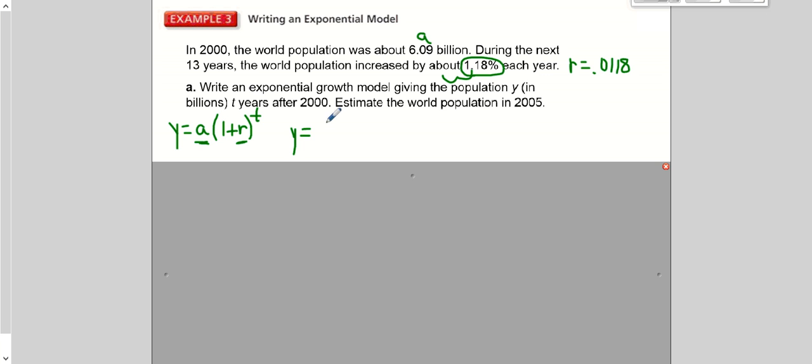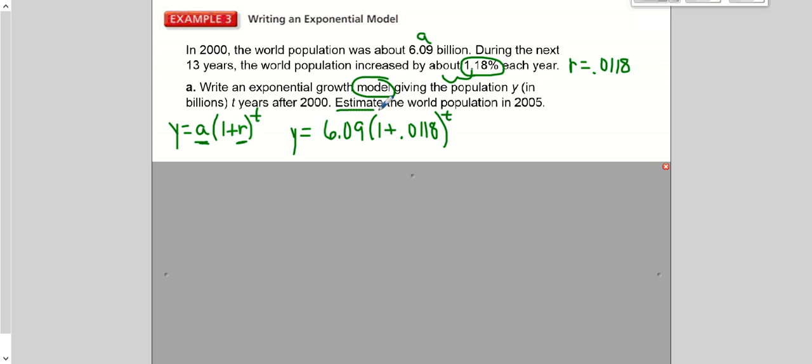So A is 6.09, and T is our time, and R was 0.0118. There's our equation. That's what it asks for. That's our exponential growth model. So when they say write a model, they're talking about the equation that models the information.